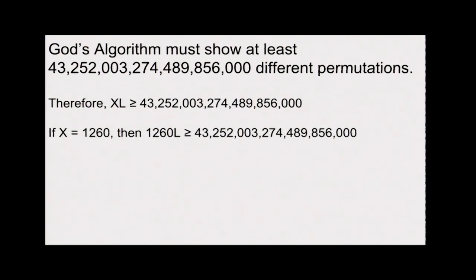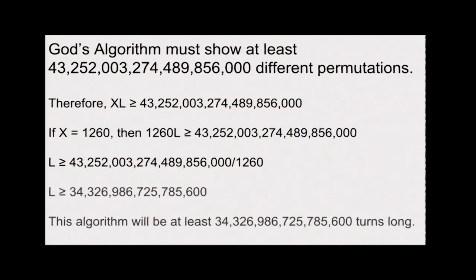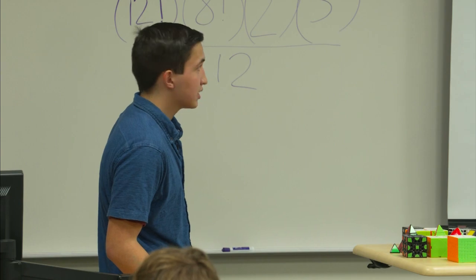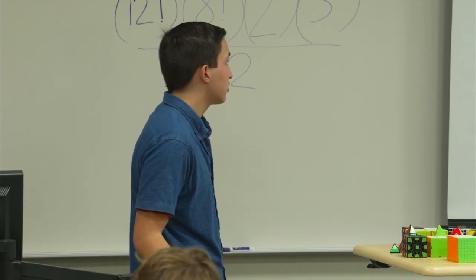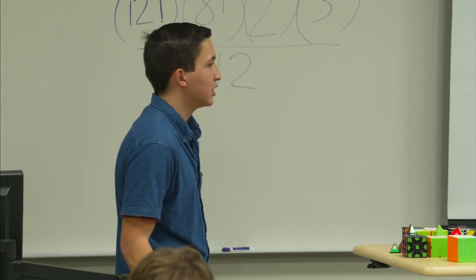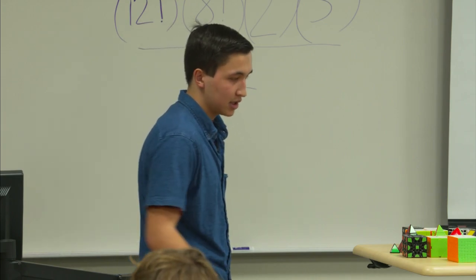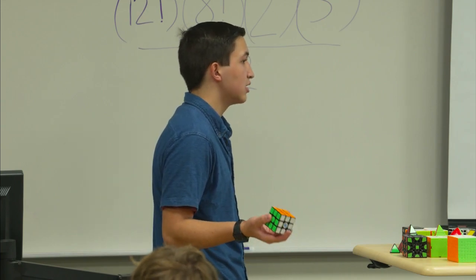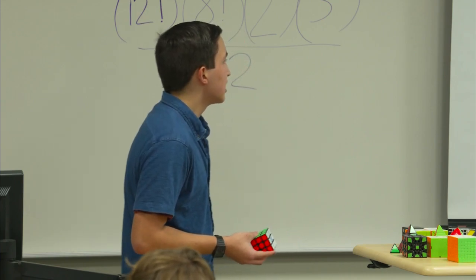So if X is as large as possible, 1,260, then 1,260 times L must be equal to or greater than 43 quintillion, and just doing simple algebra, we can get to the length of the algorithm must be 34 quadrillion moves long, or turns long. So if you're seeing this in Singmaster notation, there are going to be 34 quadrillion letters lined up for you to read and memorize. And let's not forget the prime moves and the 2 moves. So it's going to be a lot of memorizing.